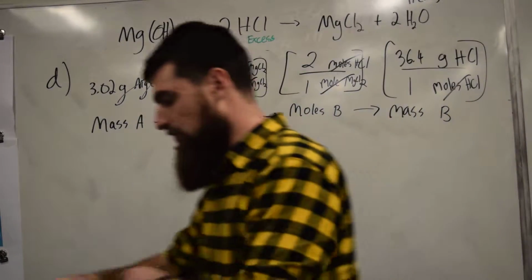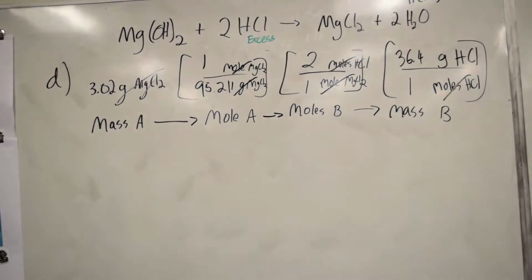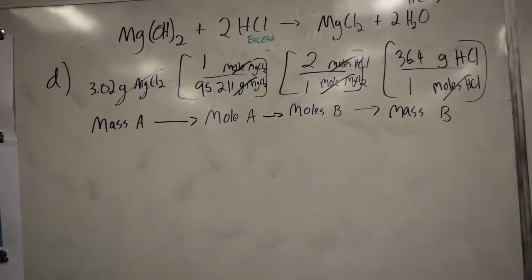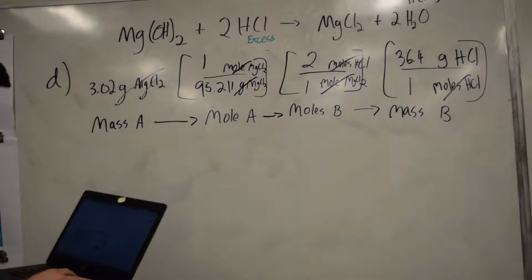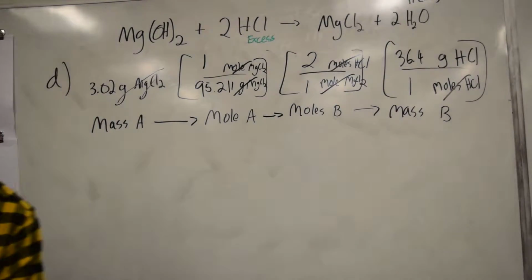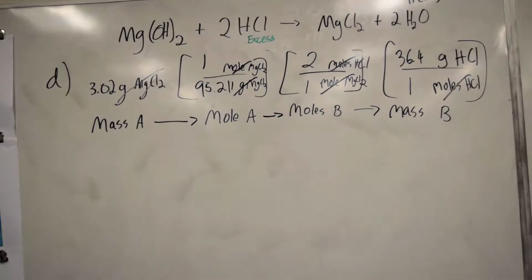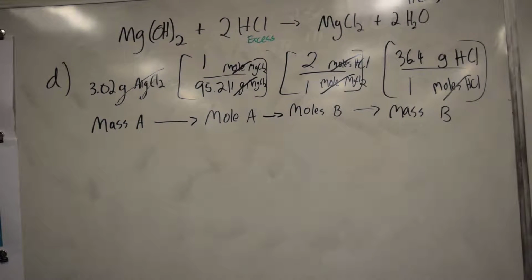So you calculate 3.02 times 1 over 95.211 times 2 over 1 times 36.4 over 1.